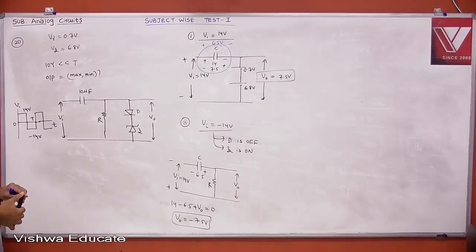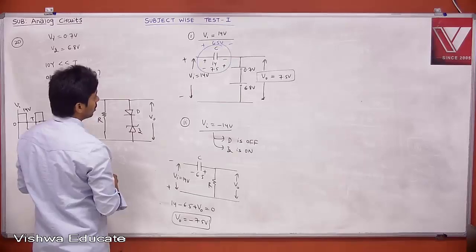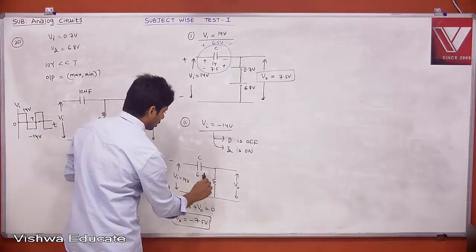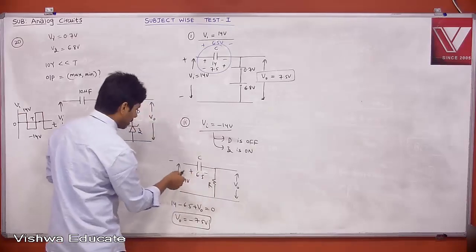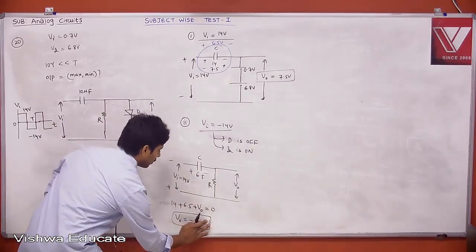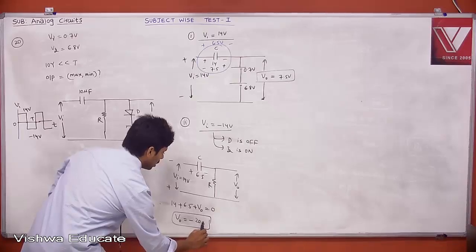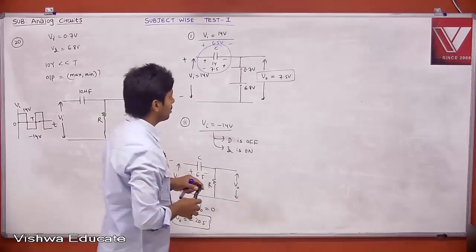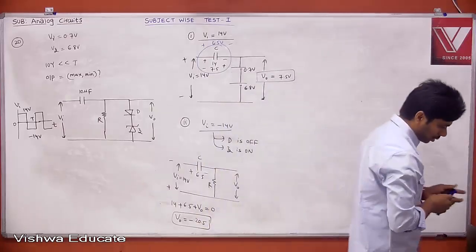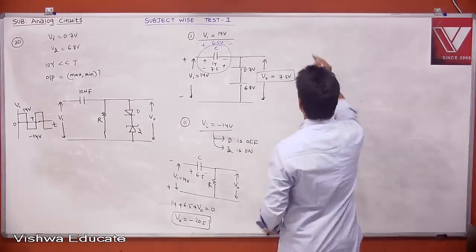When Vi is minus 14, this is minus, this is plus. Sorry, this is wrong. That's why the answer is not matching. Minus plus minus plus, then if you do that, it will be plus. Then it will be 20.5. Done. Therefore, the answer: maximum is 7.5 and minimum is minus 20.5. The answer is A.